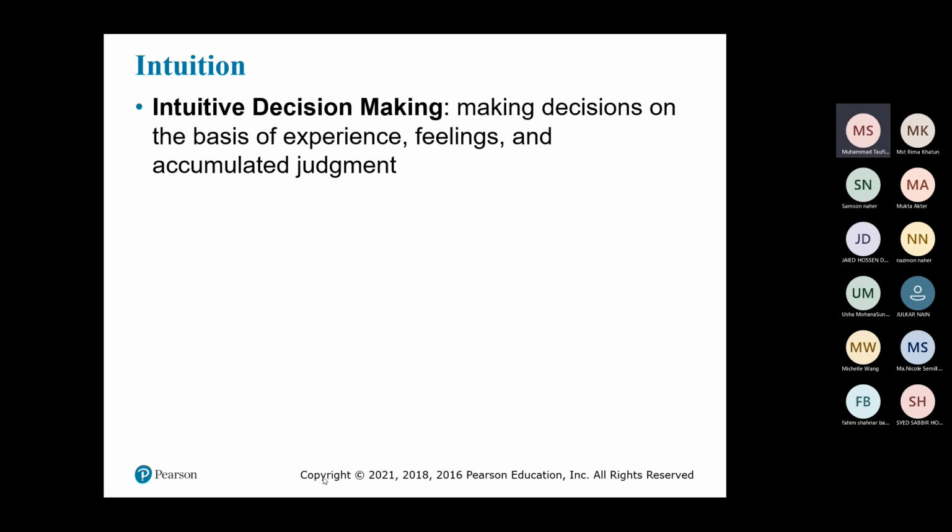Next we have what we call intuition decision making. In intuition decision making, you make decisions based on your experience, feeling, and accumulated judgment. For the previous type of decision making, we did the analysis. The difference between intuition and rational decision making is that in rational decision making, you do all the steps I already showed you.